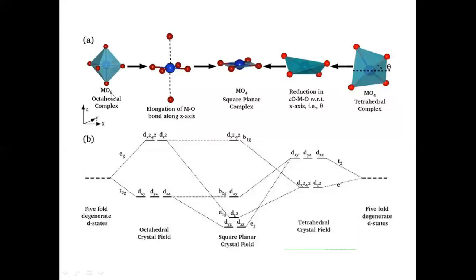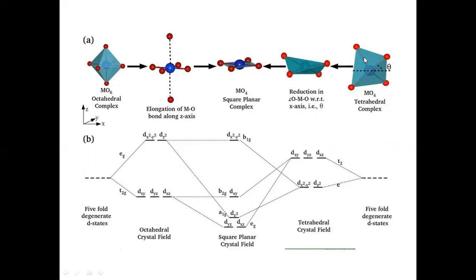So this is another slide in which we are seeing an octahedral complex. When the z ligands are removed from this octahedral complex, it forms a square planar complex.